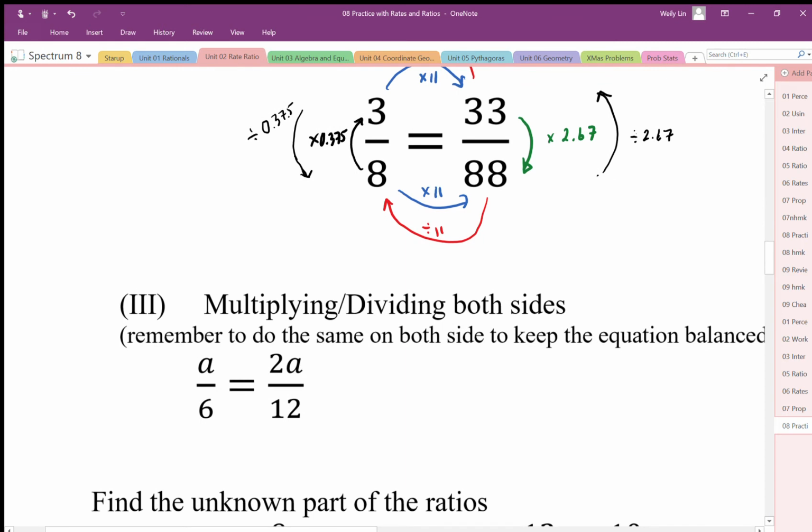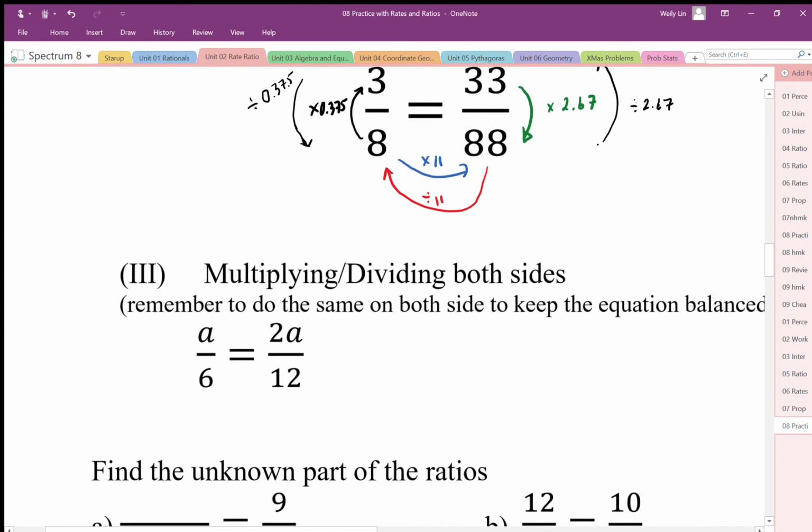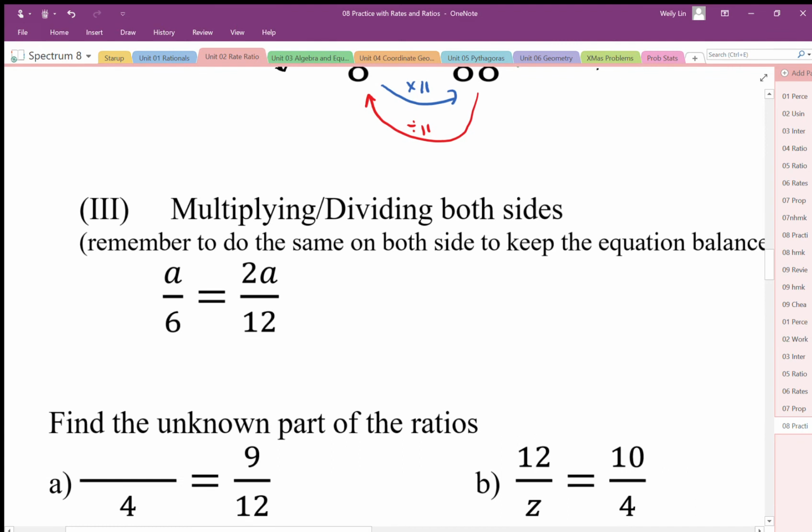We can also do this by showing that what we do to one side, we keep the equation balanced. So this is more getting into algebra. What I can do is multiply both sides of the equation to keep the equation balanced.